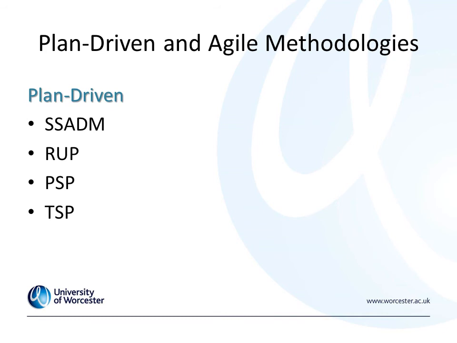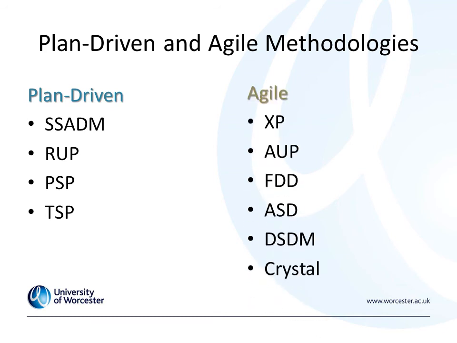In the methodologies that come under the Agile approach, you have XP, which is Extreme Programming. You have ASD, which is Adaptive Software Development. FDD, Feature-Driven Development. AUP, Agile Unified Process. Crystal methodology.